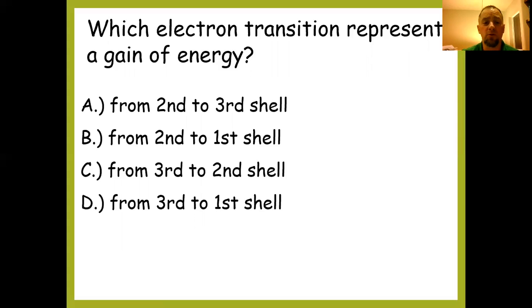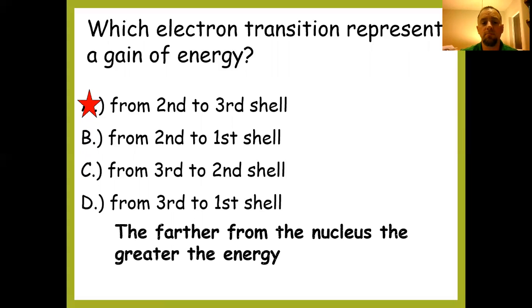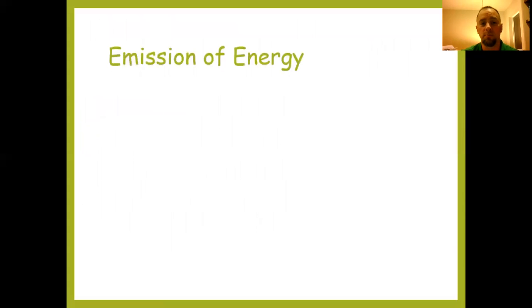Right, it's going to move further from the nucleus, therefore it needs to move from the second shell to the third shell. If we take a look at B, second to the first shell, that's moving closer to the nucleus. Same with third to the second and third to the first shell. So the farther from the nucleus, remember, the greater the amount of energy in that electron.